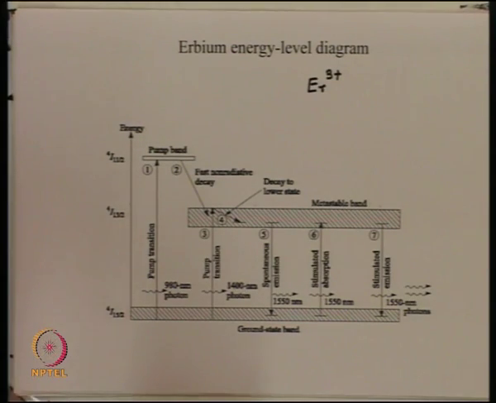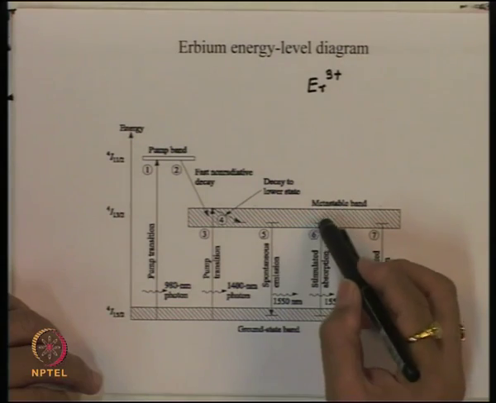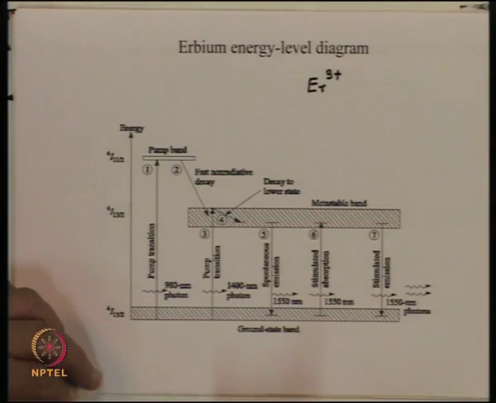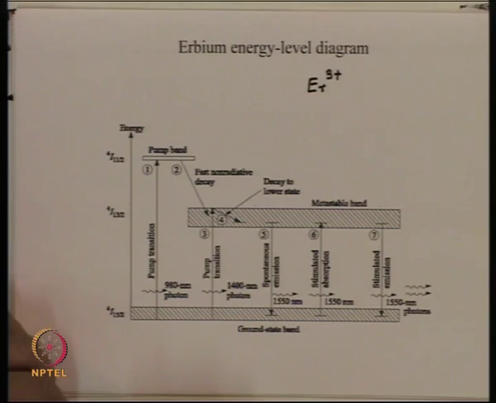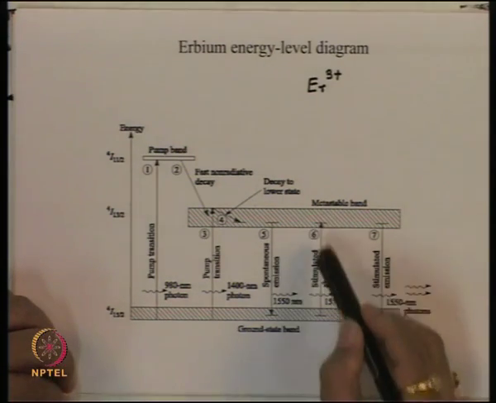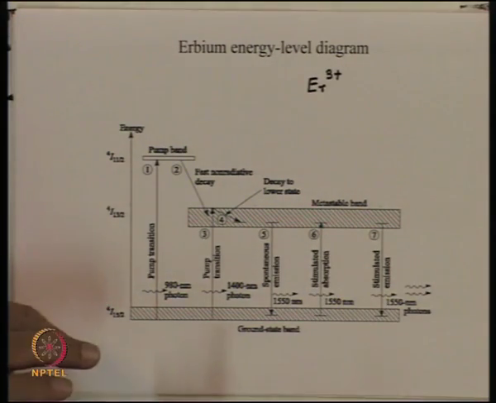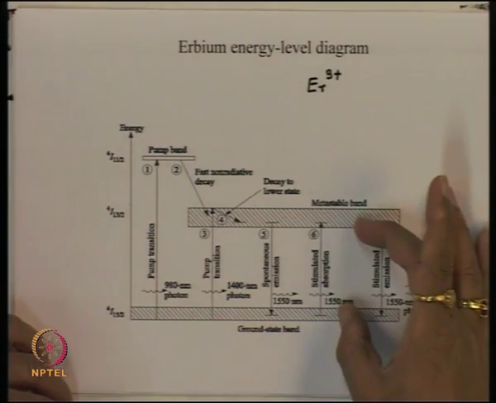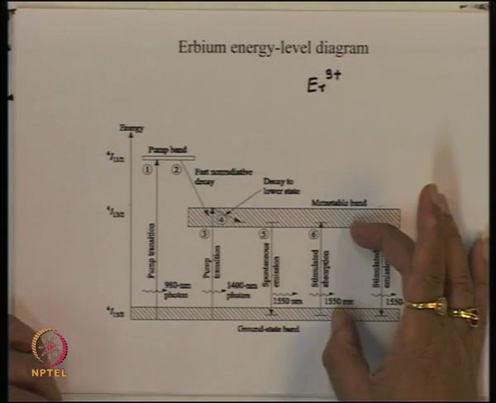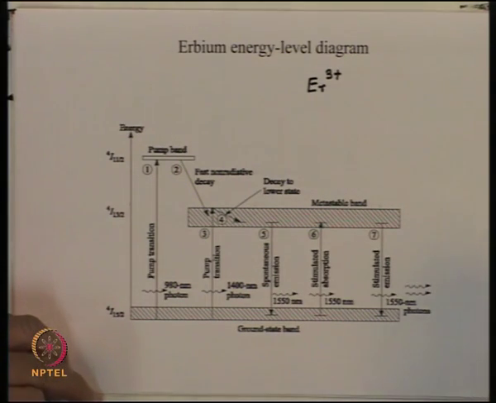So by putting in the erbium, we have essentially created an energy level system inside the optical fiber, and the difference between the metastable level and the ground level is in the range of 1550 nanometer. This is the energy difference we are going to make use of in amplifying the optical signal in the window of 1550 nanometer.